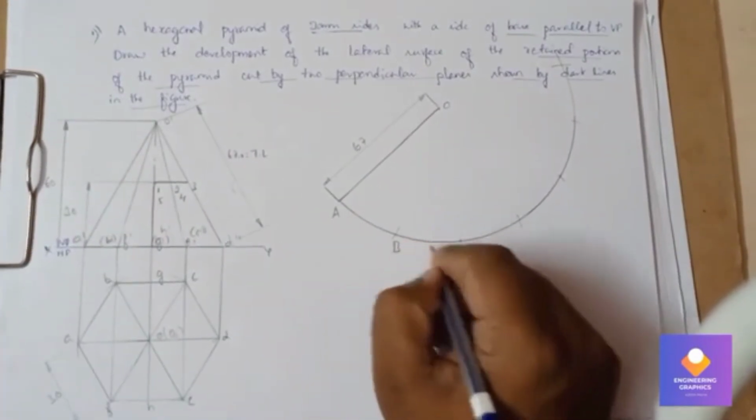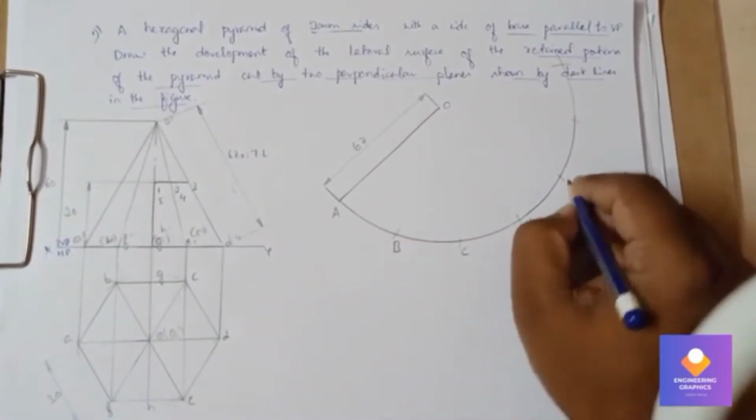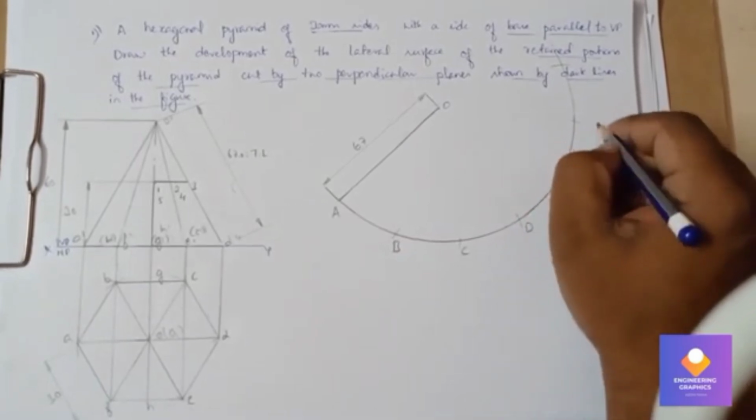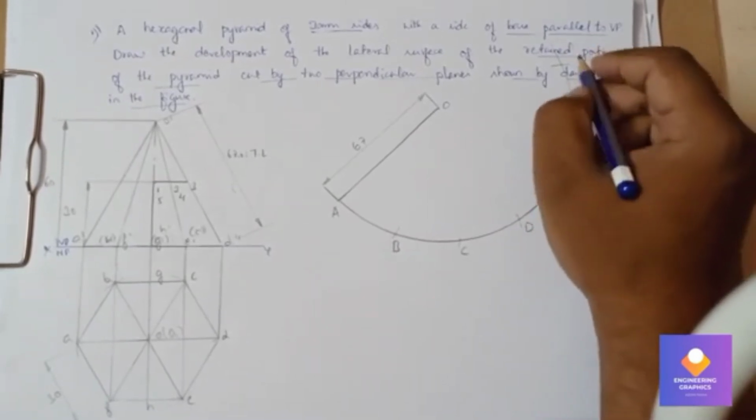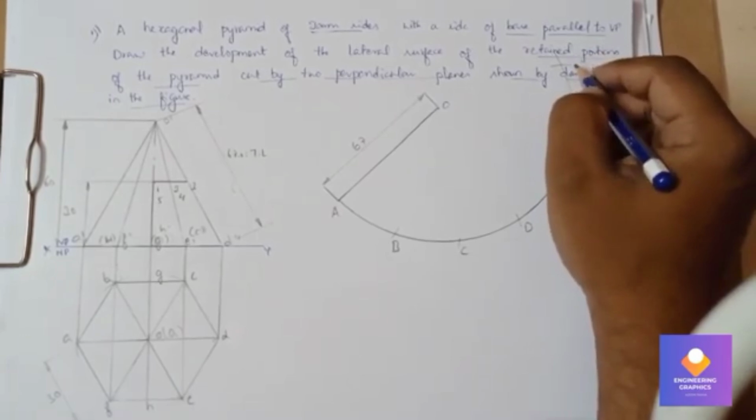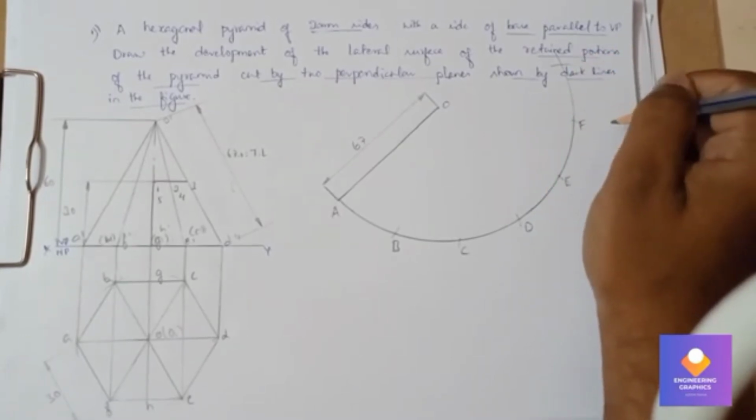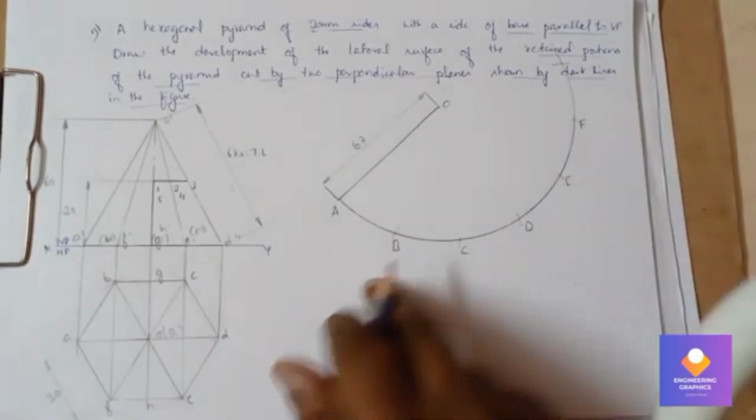So mention the namings B, C, D, E, F, and then A, B, C, D, E, F and A.